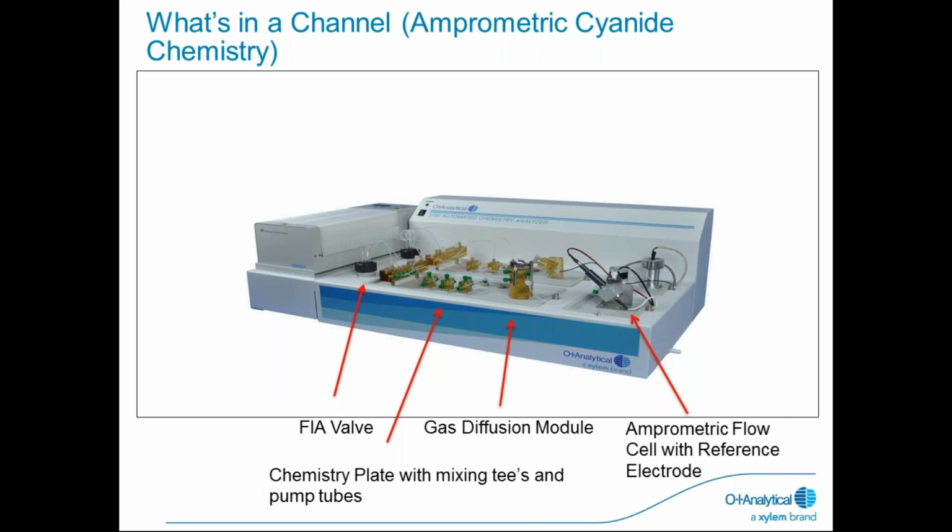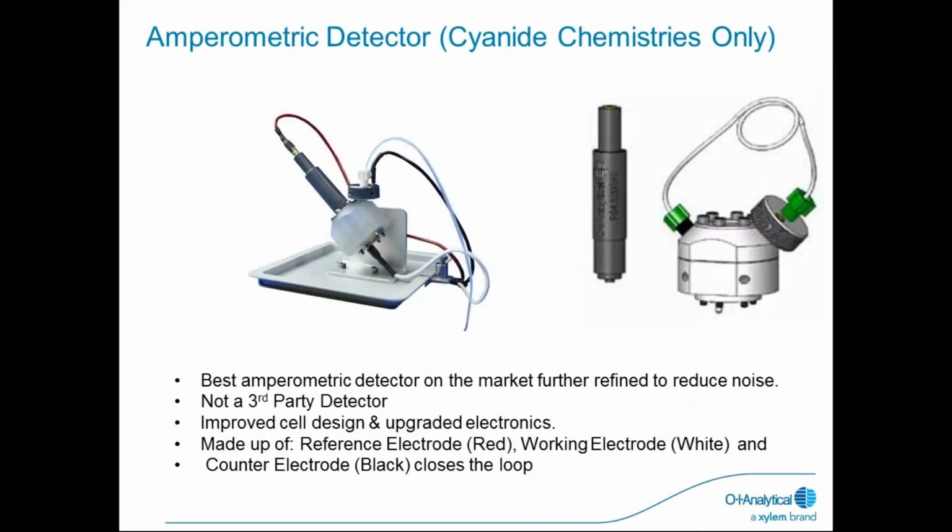And what's in a channel with the amperometric cyanide chemistry? All of our cyanide chemistries use flow injection, so you'd have your FIA valve, your chemistry plate with the mixing tees and pump tubes, the gas diffusion module, and then our amperometric flow cell with reference electrode. Our amperometric detector, for the cyanide chemistries only, is the best detector on the market and has been further refined to reduce noise.